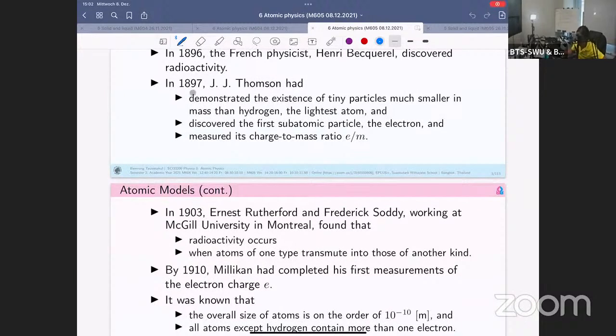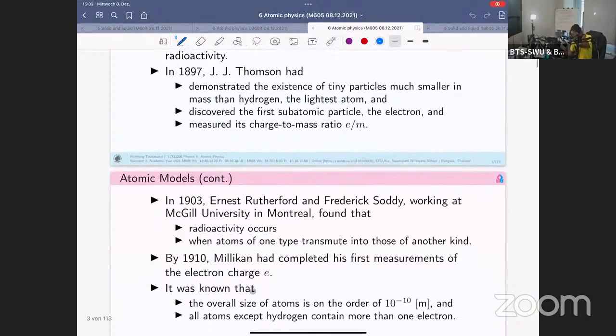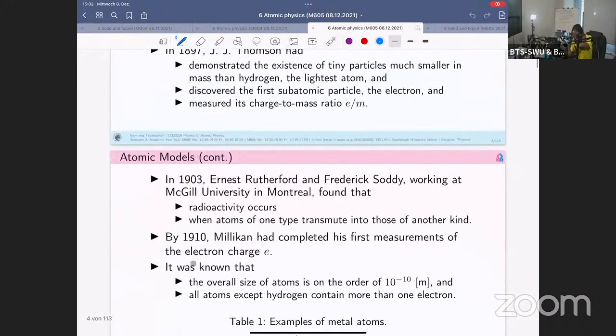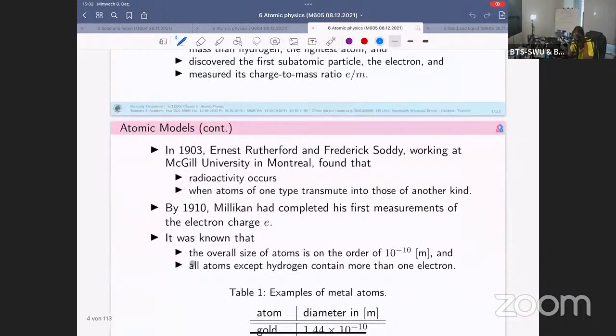Millikan completed the first measurement of the electron charge, which is nowadays known as 1.6 times 10 to negative 19 coulomb. The value of e emerged by that time.